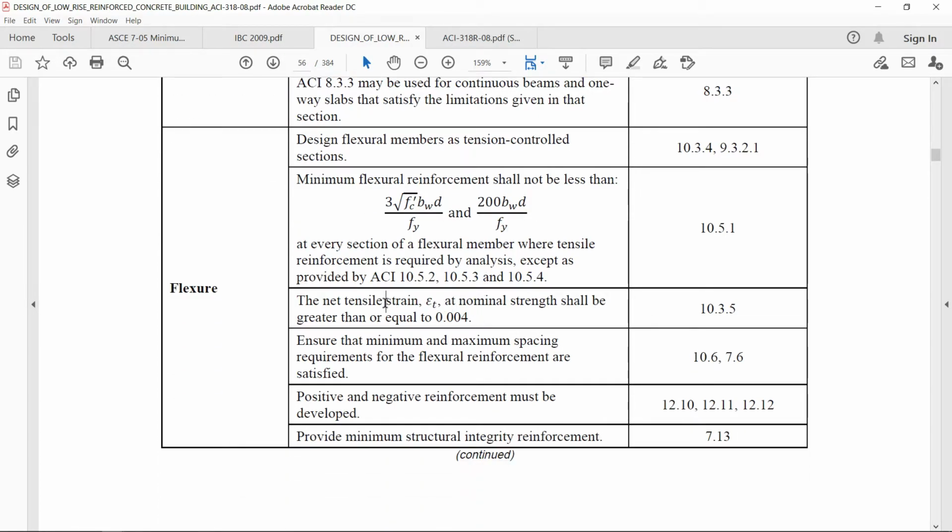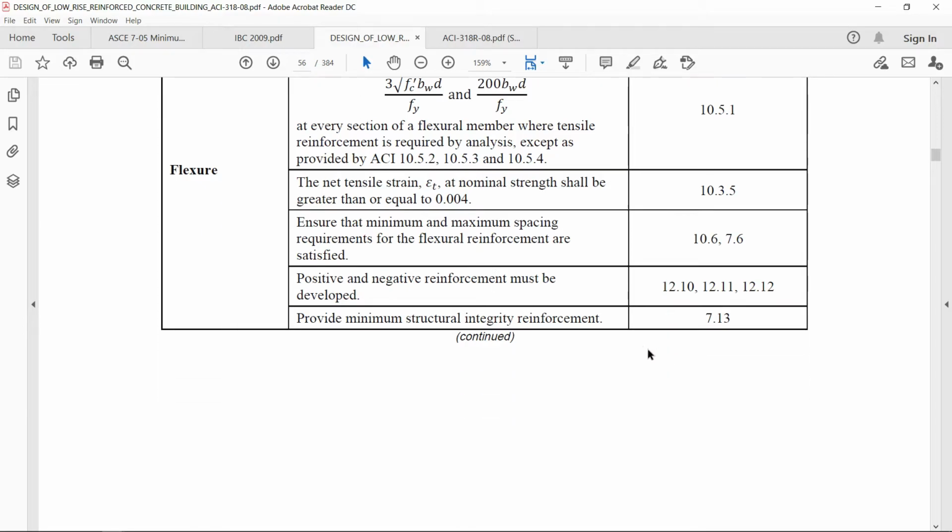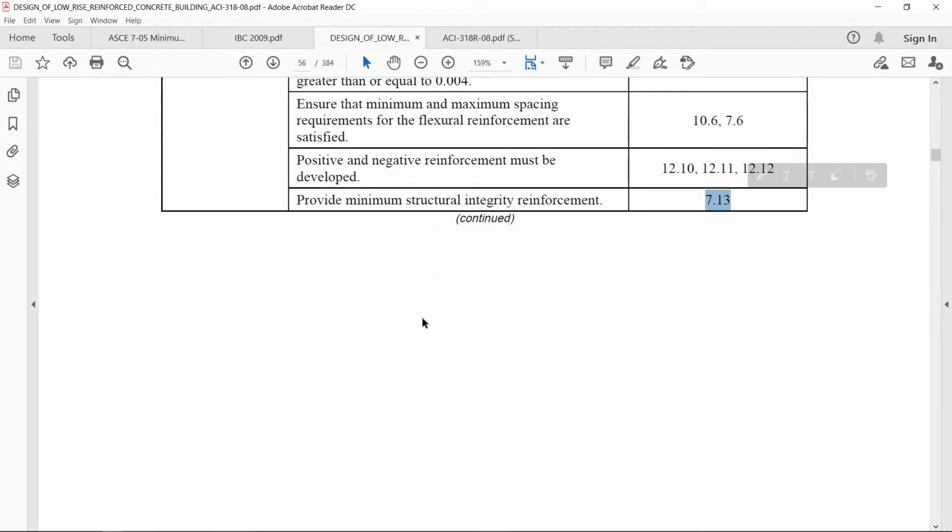You can take the net tensile strain as 0.004 as per 10.3.5. For the spacing, you should follow 10.6 and 7.6. For positive and negative reinforcement, paras 12.10, 12.11 and 12.12. Structural integrity, 7.13, as we discussed.